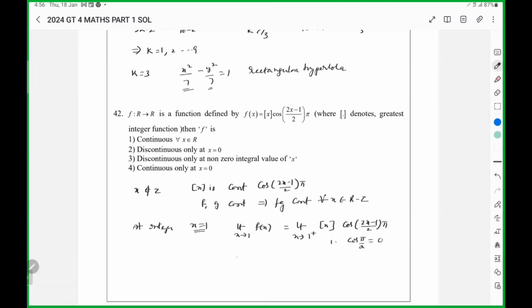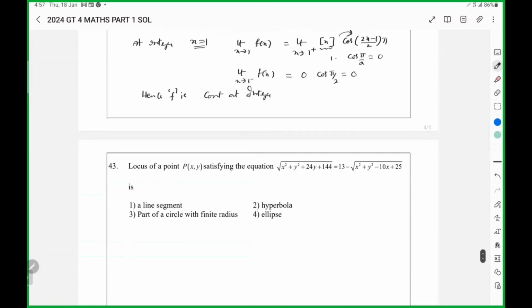If I take 1 minus, it becomes 0. So for all integers, actually step is discontinuous, but the function which follows it becomes 0. Even if you get different numbers, product will be 0. Hence, f is continuous even at integers. So it is continuous everywhere.